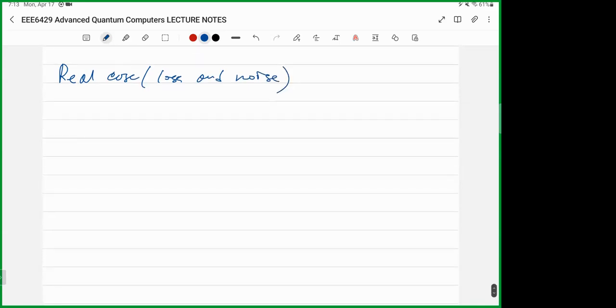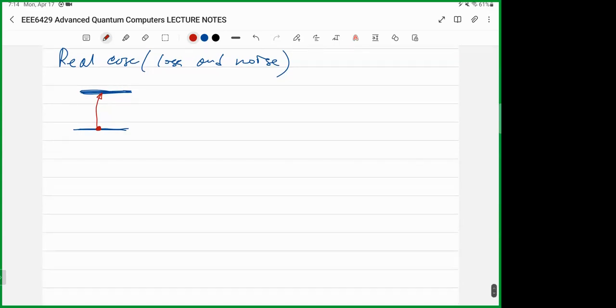So in the real case, again, if I have a two-level system, I can excite the system to the excited state, for example, using this pi pulse, right? And then my pulse is gone, and I leave this system on its own. And what happens in reality?